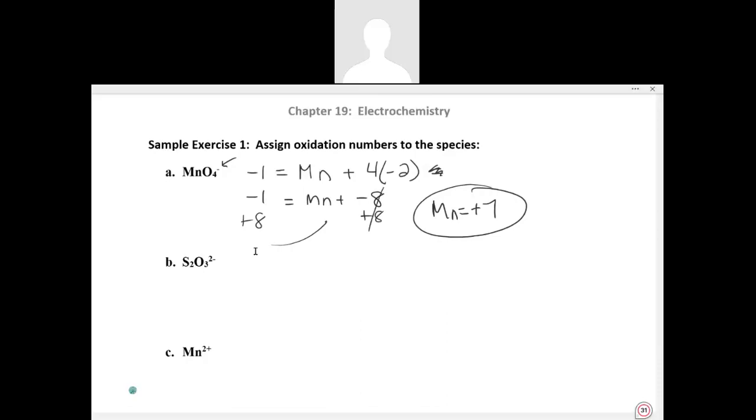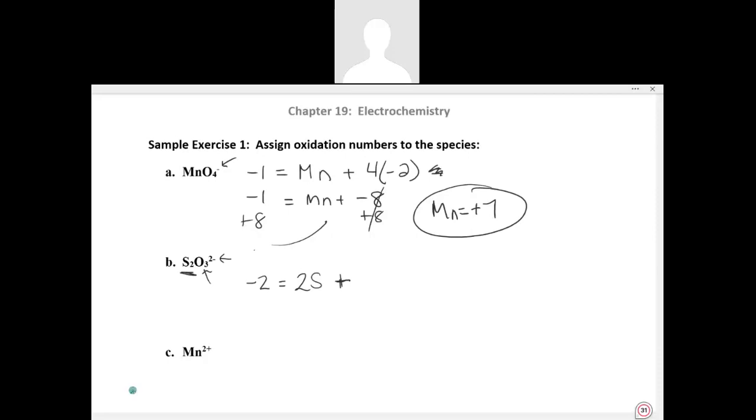Let's take a look at sulfur in this next example. Again, we have a rule for oxygen, so we're going to set this equal to -2. We're going to solve for sulfur, but be careful, we have two of them. So we're going to put in 2S as our variable to solve for. That way we know that we have to divide by 2 at the end of our equation.